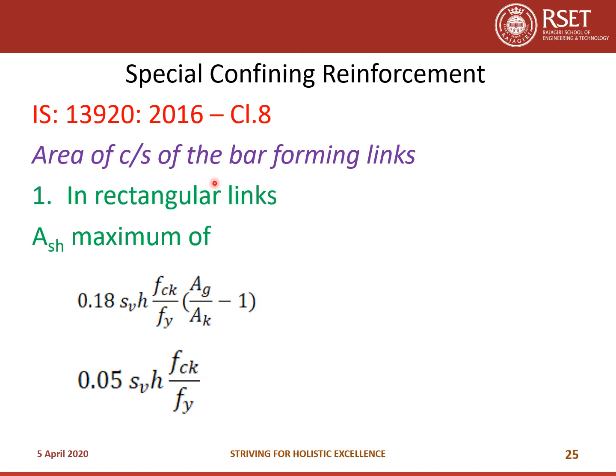Then regarding the area of cross section of the rectangular links, area of cross section should be maximum of these two, that is 0.18 SV H FCK by Fy into (Ag by Ak minus 1) or 0.05 SV H FCK by Fy, where H is the longer dimension of the rectangular link and Ak is the area of confined concrete core in the rectangular link.